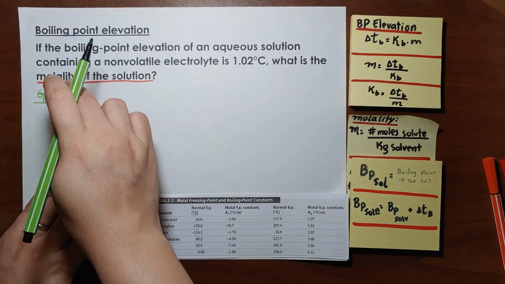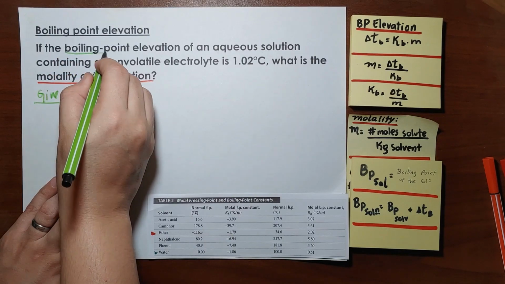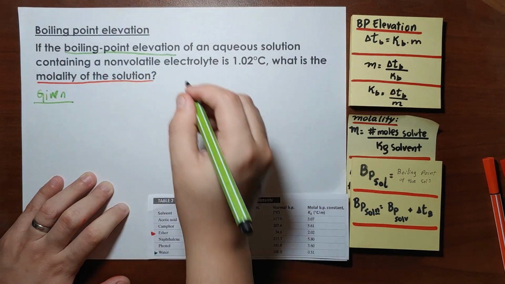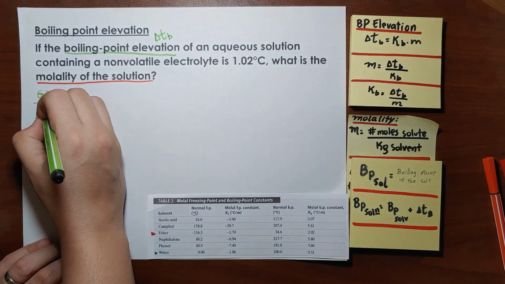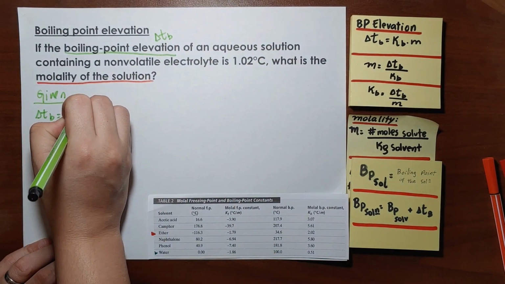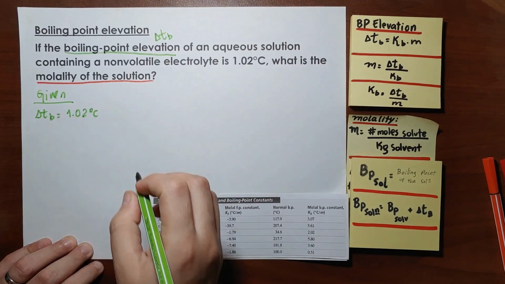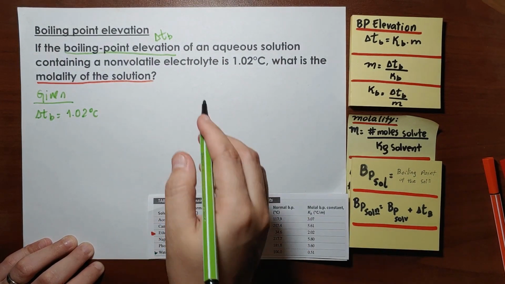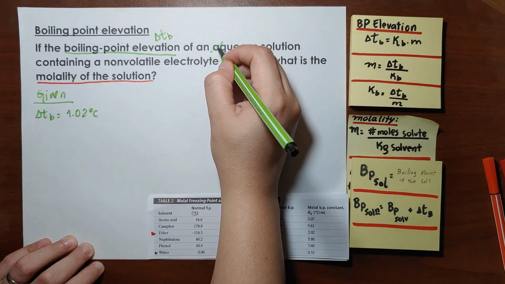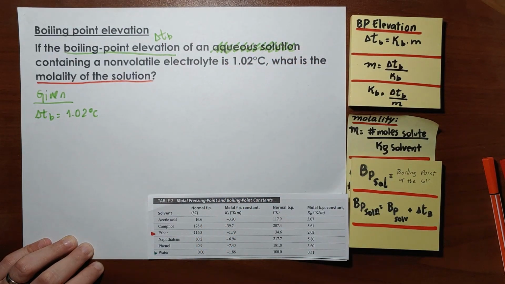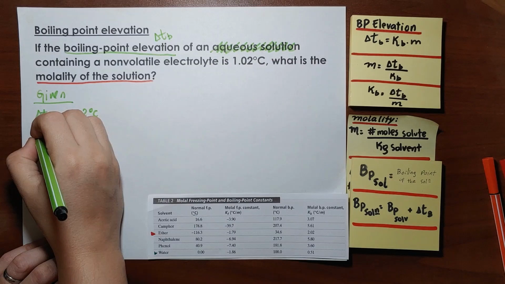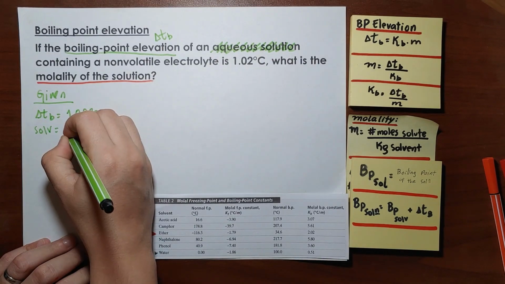They are giving me the boiling point elevation, which is delta Tb, 1.02 Celsius. They are giving me an aqueous solution. Aqueous means water, it's a solution in water. So that means that the solvent here is water.